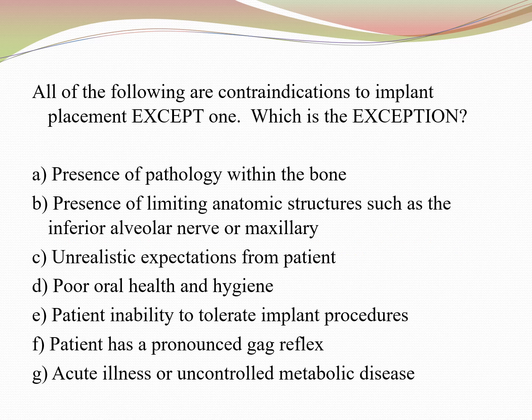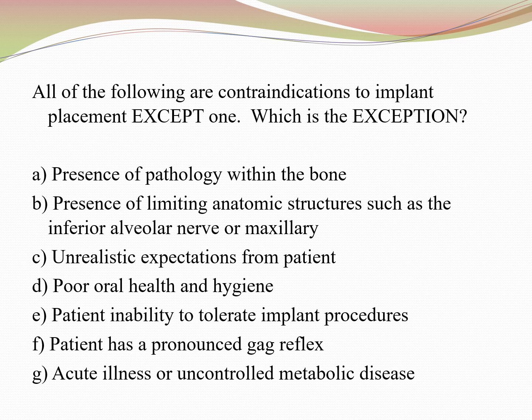Next question. All of the following are contraindications, which means it's not good for implant placement, except one. Do we have pathology, presence of limiting anatomic structure, unrealistic expectations, poor oral hygiene, inability to keep it clean, a gag reflex, or uncontrolled metabolic disease or an acute illness?